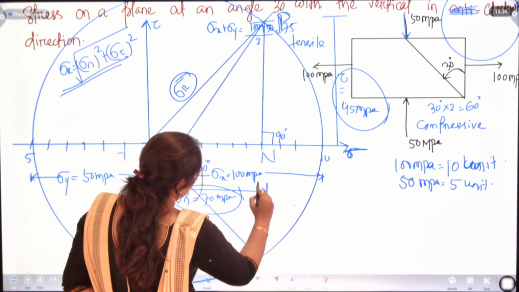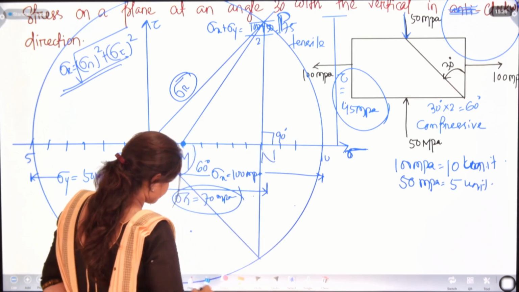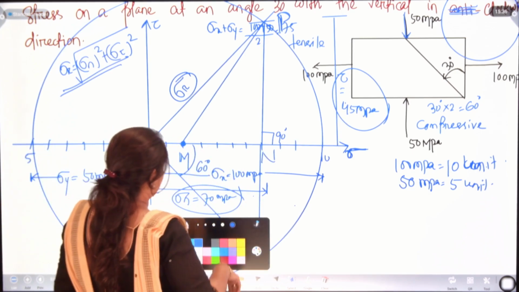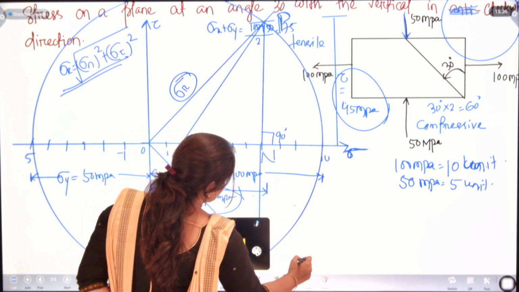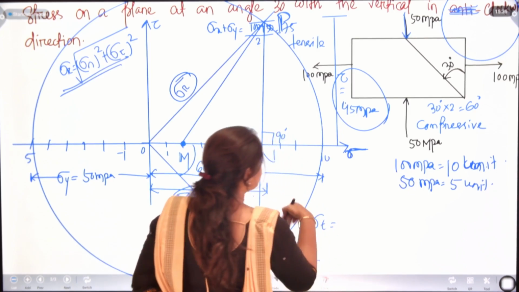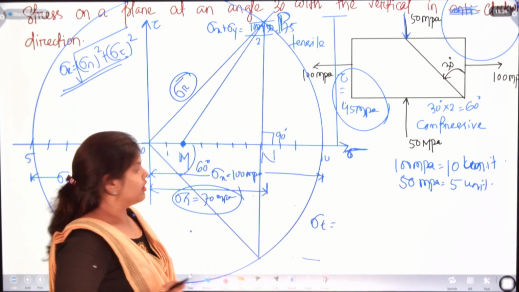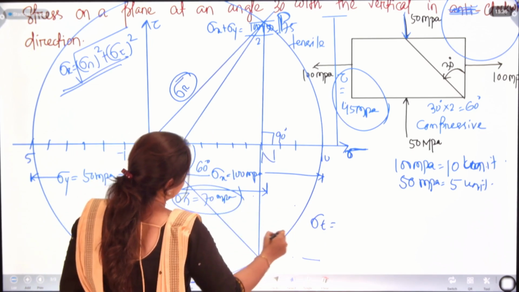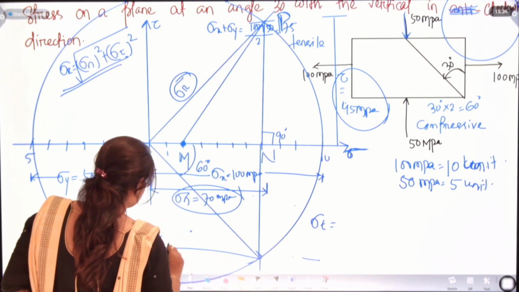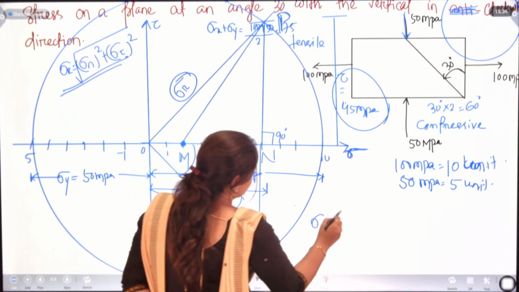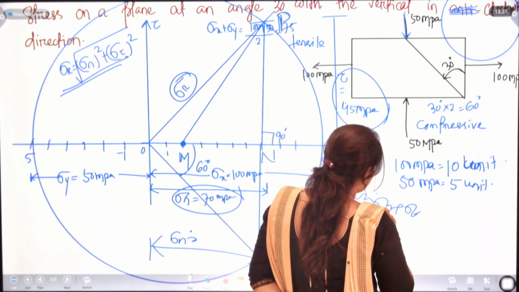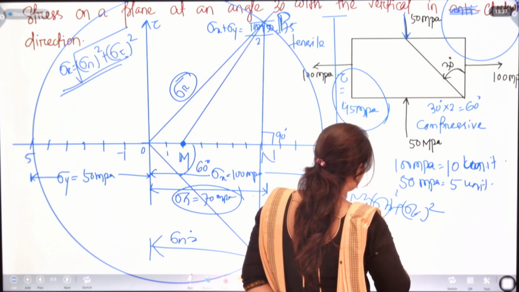You will draw the perpendicular like this and we'll have the values again. This will be your sigma t, and you will have the sigma t in negative sign. And from this perpendicular to this you can have sigma n. And you have sigma r, that is the square root of sigma n square plus sigma t square.